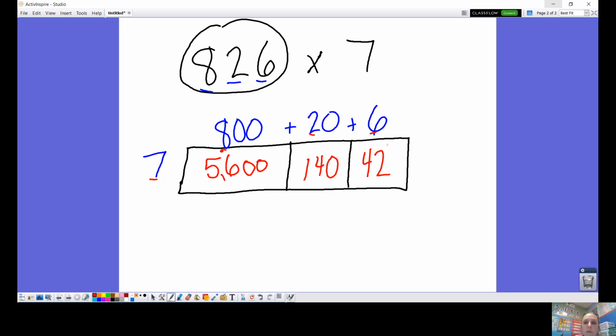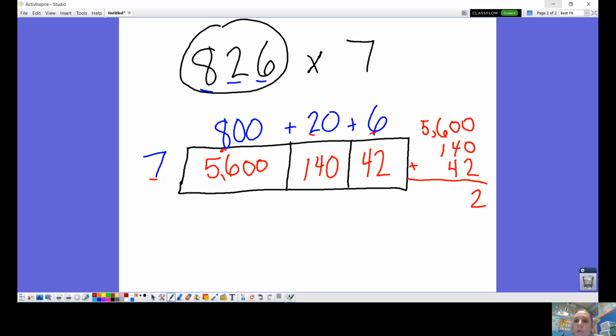Okay? Then your next step should have been to take your answers in your boxes, stack them up, and add them. So 5,600. You should have put your 140 next, and then your 42. And I hope you kept them all stacked according to their places. And so when you added them up, you should have gotten that the ones place, 0 plus 0 plus 2 is 2.